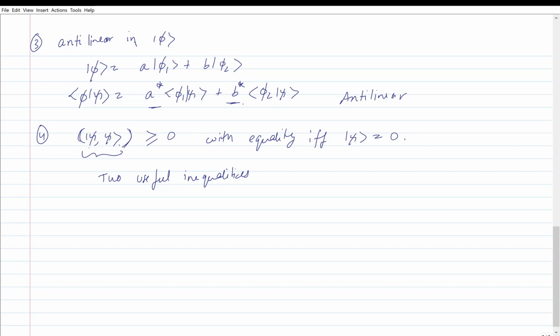The triangular inequality, which essentially is this guy, and also the Schwarz inequality.